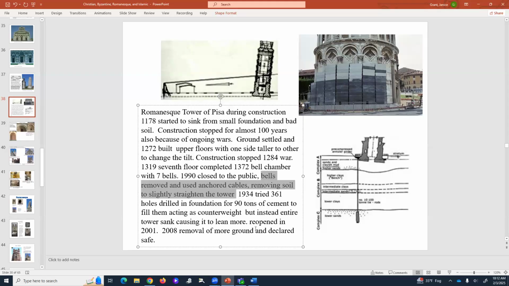From the beginning, through time, the Leaning Tower of Pisa has been opened and closed because of wars and because of bad construction from the very beginning, with the foundation and the soils not being right.